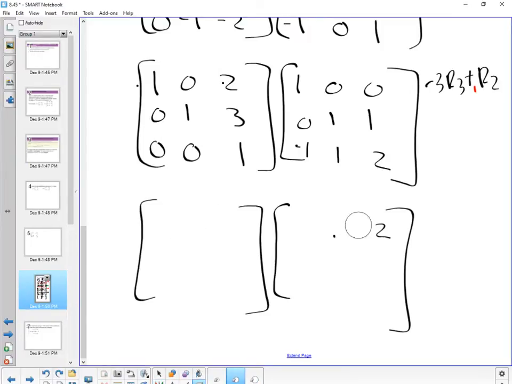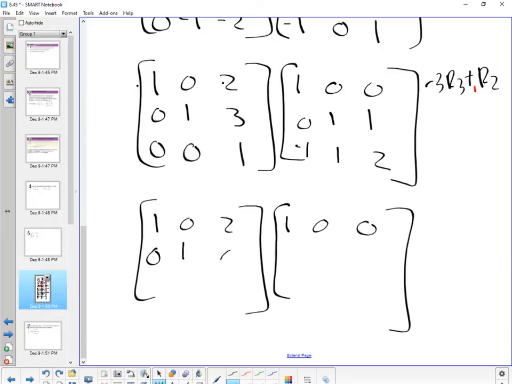So this first line is not changing. So 1, 0, 2, 1, 0, 0. I'm going to multiply these values by 3 and add them here. So that's still 0, correct? Yes? 0. This times 3 plus that is still 1.